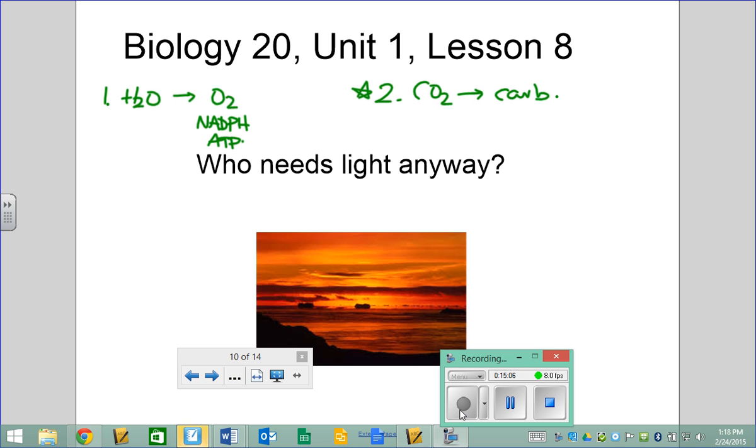If we're just saying photosynthesis in general, yeah, you need light for photosynthesis to happen, but only for the first part. For this second part, just like my photo where the sun has set, there's no light, and it's still very beautiful. Well, I guess there's a little bit of light, but the sun has set. And so this second part could theoretically happen at night. The first part has to have happened already for this to continue, but the second part doesn't require additional input of light to occur.